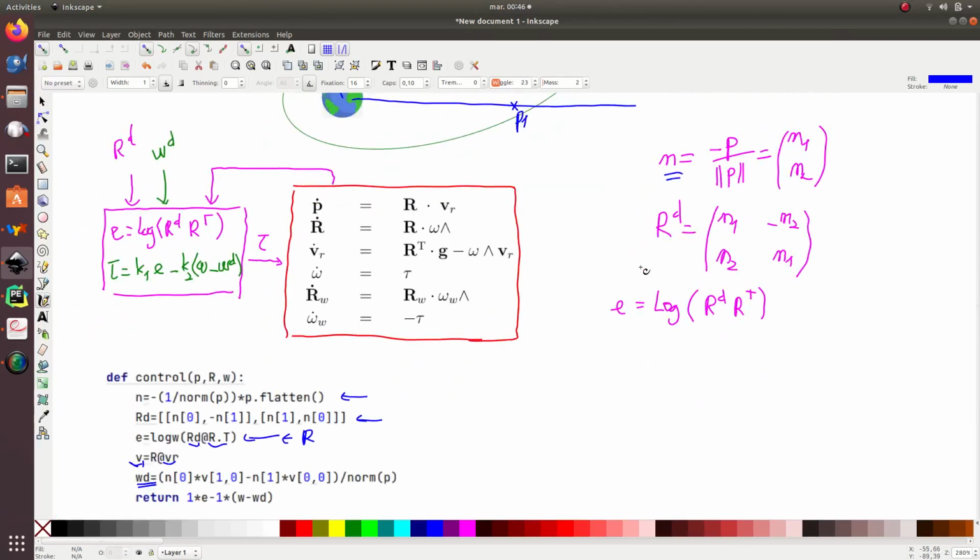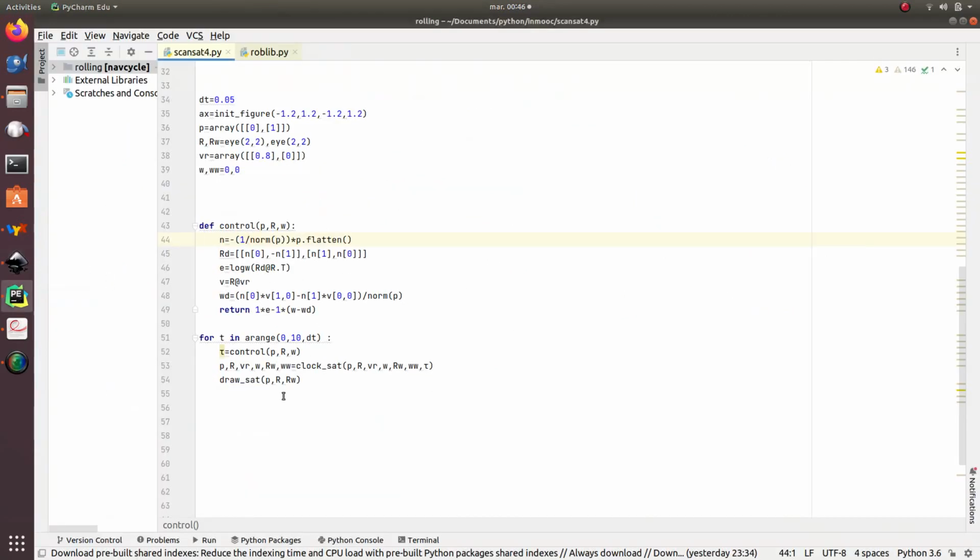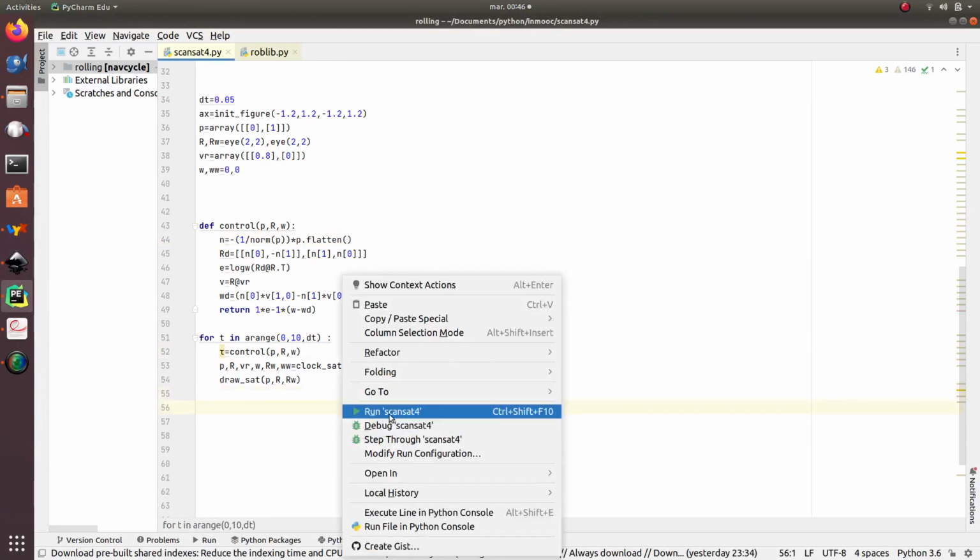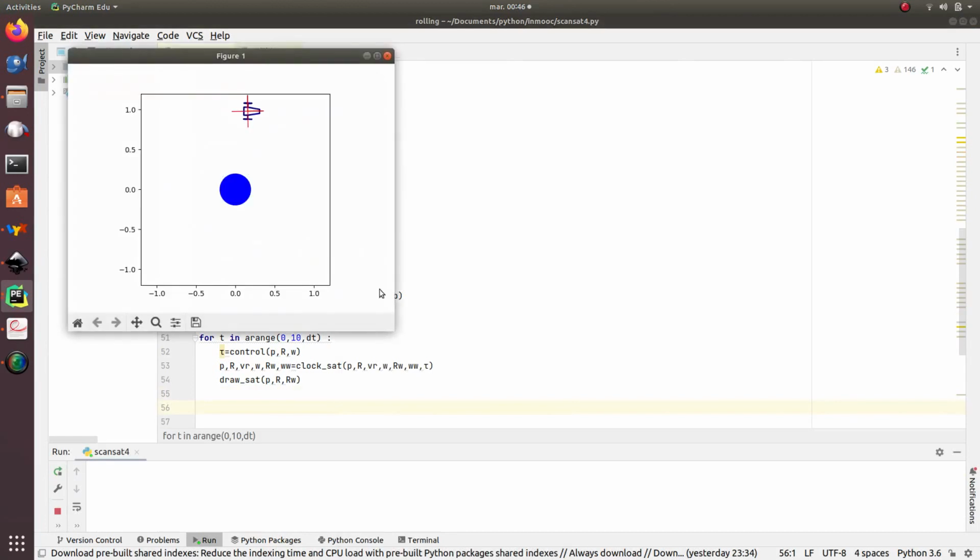Okay, I switch to Python. This is my program where the torque is obtained by the controller. I run it, and I can see it takes quite a long time to point toward the Earth.